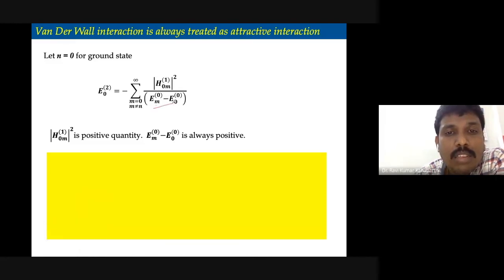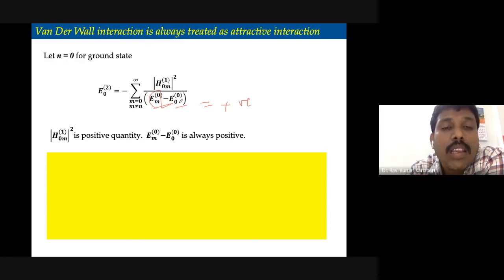So there is some energy E_m^0, and then we are subtracting the ground state energy from the other one. So what is the answer? This will actually be a positive quantity. Why? Because this is the ground state energy, we are subtracting from the higher energy.